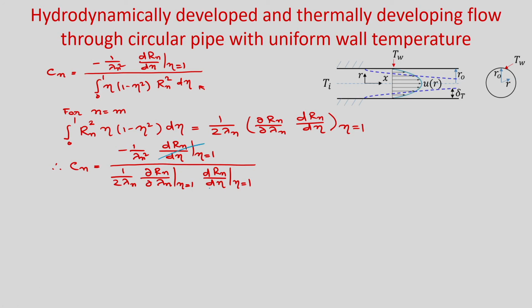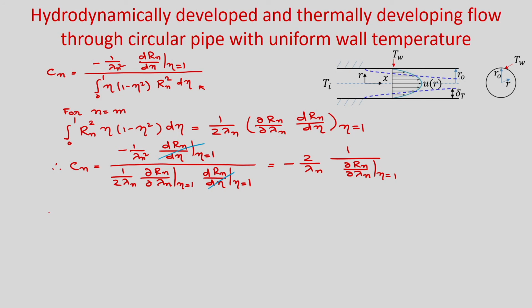Okay. So, this and this will get cancelled. So, you will get minus 2 by lambda n 1 by del R n by del lambda n at eta is equal to 1. Okay.